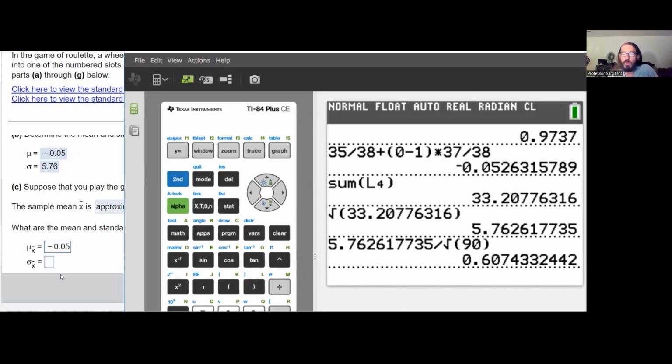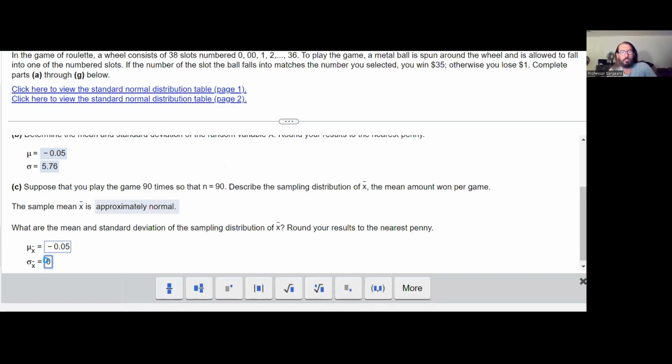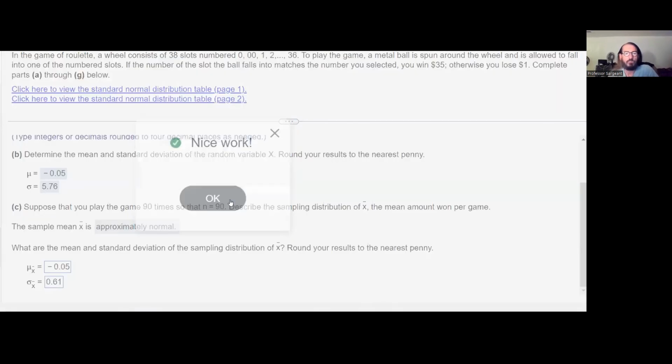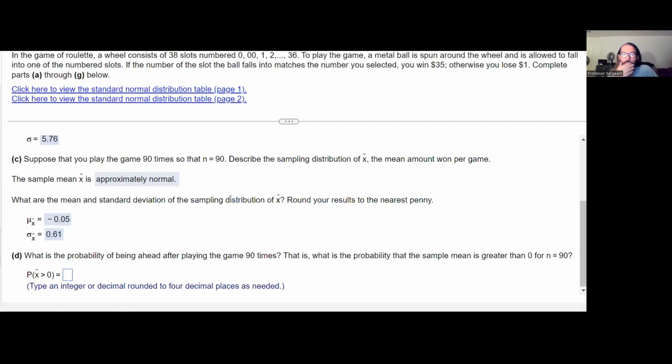To the nearest penny, that would be 0.61. Okay, so what is the probability of being ahead after the 90 games? So the probability of X bar being greater than 0, that you have some amount of profit instead of a loss.